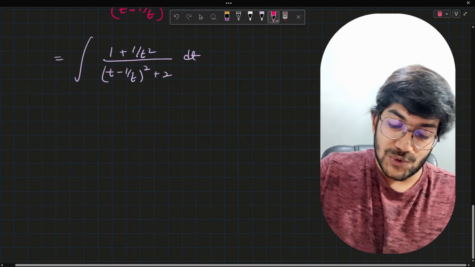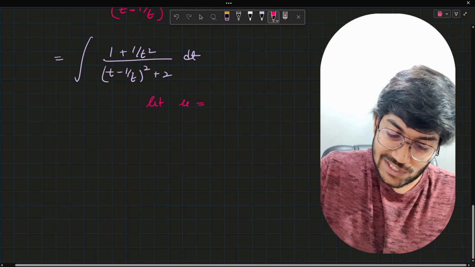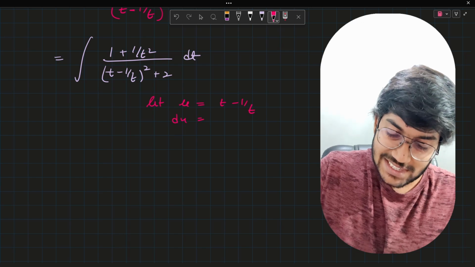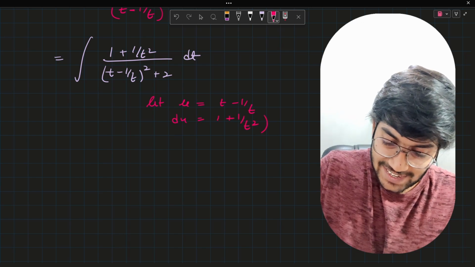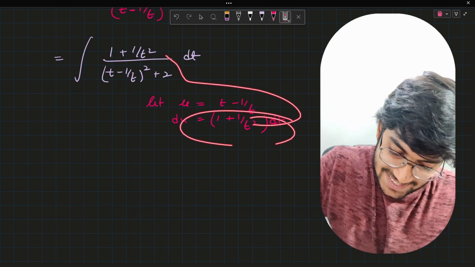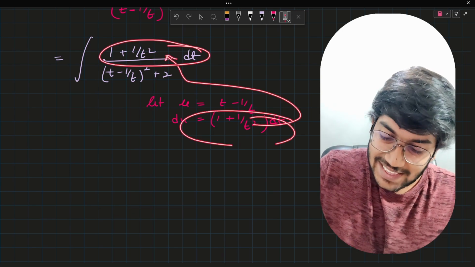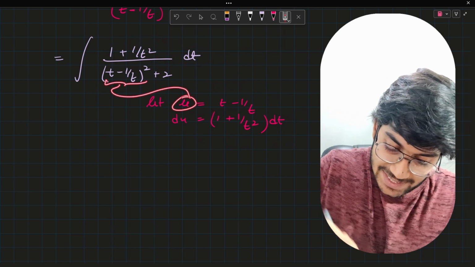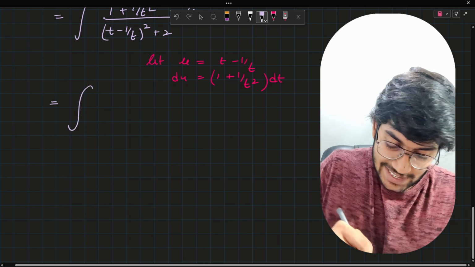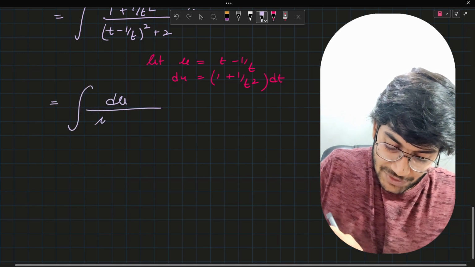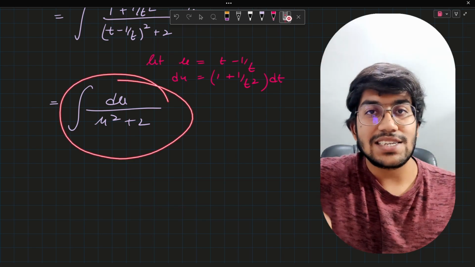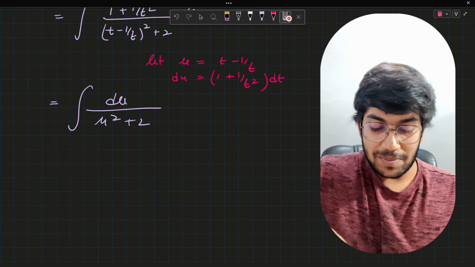Now let u equal t minus 1 by t, so you'll get du as 1 plus 1 over t square times dt, and this term is right here. When you substitute that, you get u square plus 2, and this is a standard integration form, so you can integrate this.